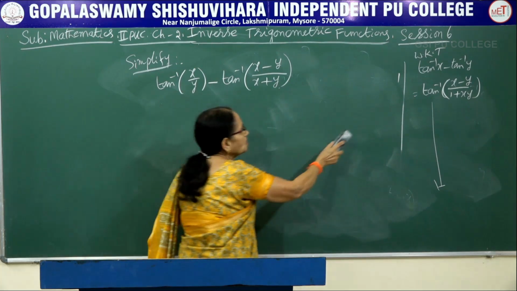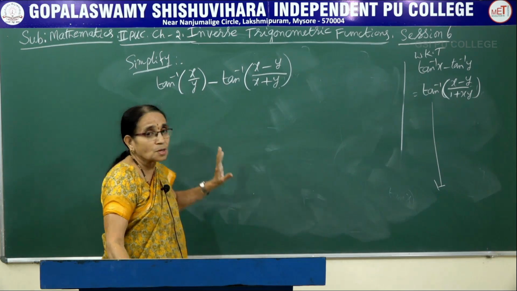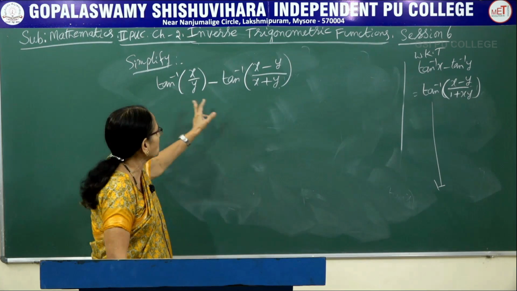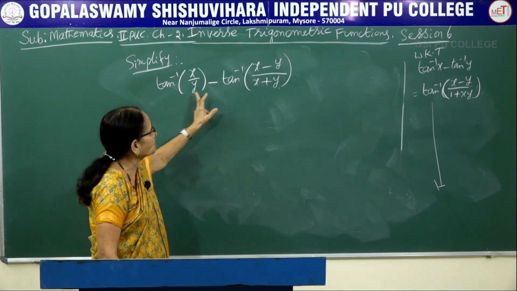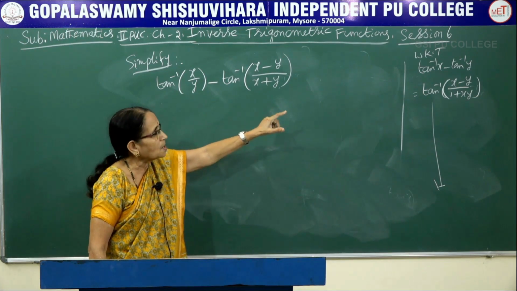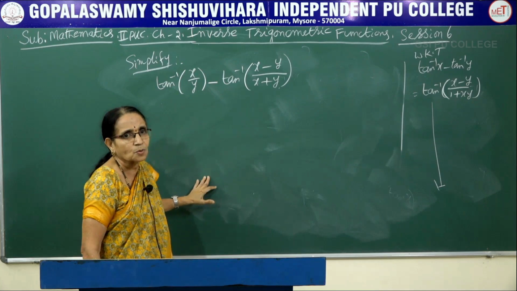Now here we have to simplify this one. Now you can use the theorem itself. Tan inverse x minus tan inverse y, you can write it as tan inverse of x minus y over 1 plus x into y. You can directly apply that theorem and that property and you can simplify this one.